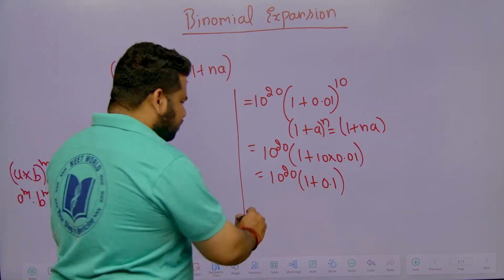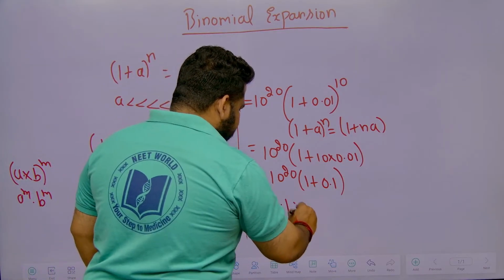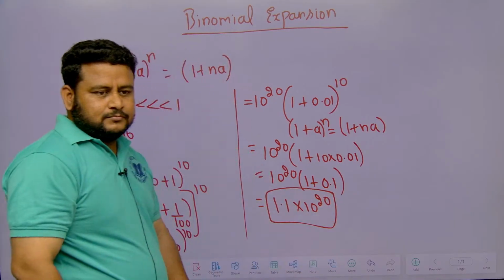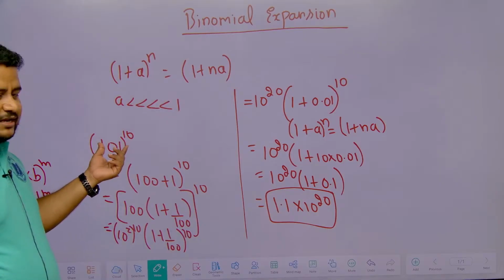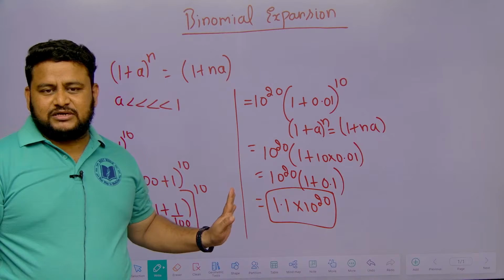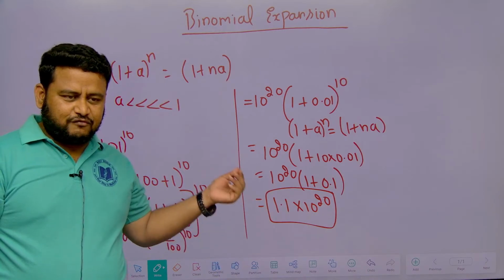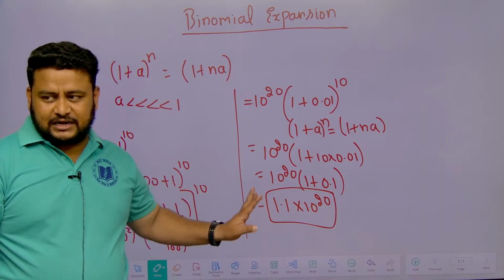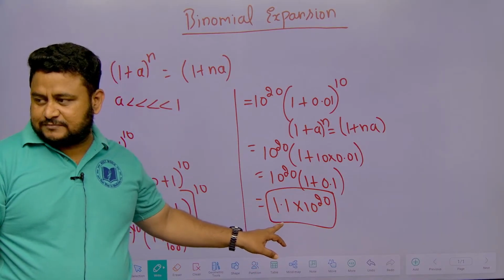Now you will have the answer: 1.1 into 10 power 20. That's the answer. 101 to the power of 10 is nothing but equal to 1.1 into 10 to the power of 20. In the options you may have 1.3, 1.2, 1.5 into 10 power 20 like that. So this will be the perfect answer.